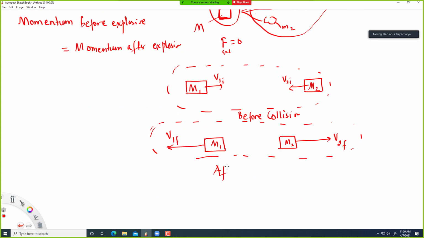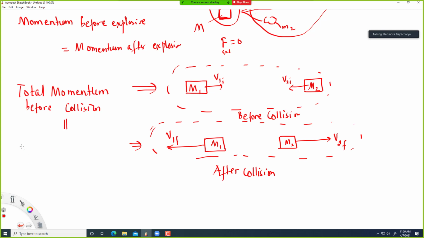According to the conservation of momentum, the total momentum before collision would be equal to the total momentum after collision, assuming that there are no other forces acting on the system.